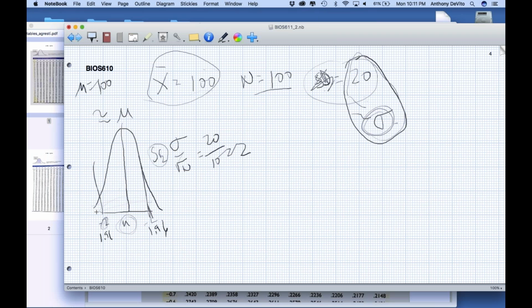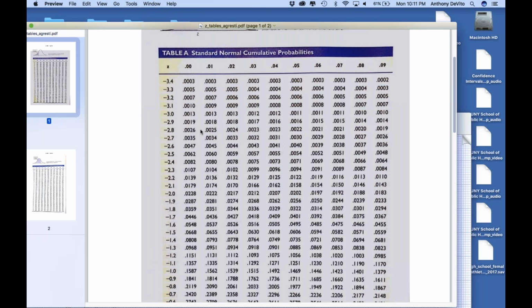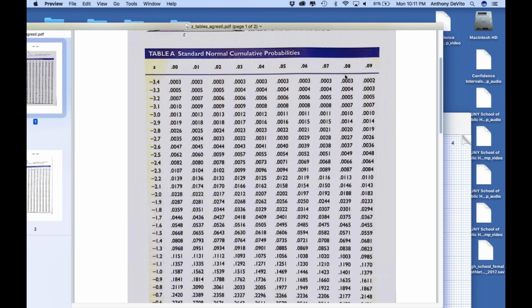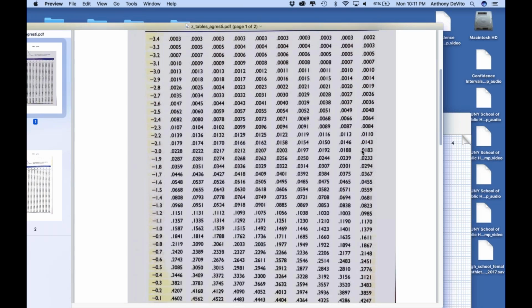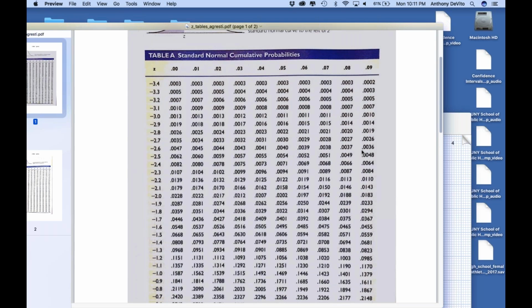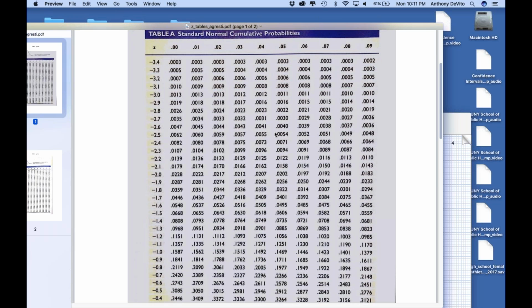What about if I wanted to know 99% of the possible outcomes? Well, 99% would represent 0.5% in each tail. And where would that be? If I go over here, I see that the closest value is going to be 0.005. Where is it? It looks like it's around here. I'm going to use this one right here. 2.58 is the z-score that represents 99%.